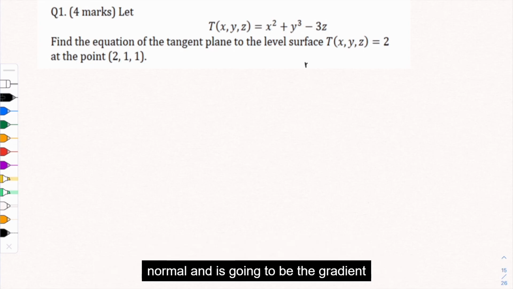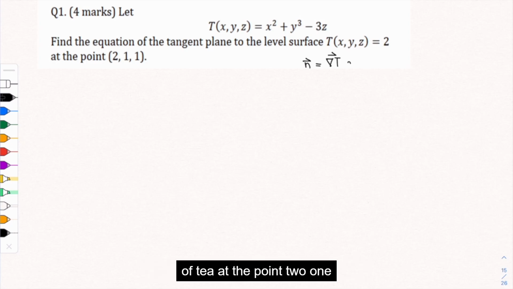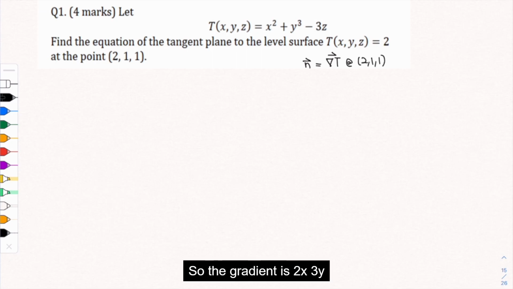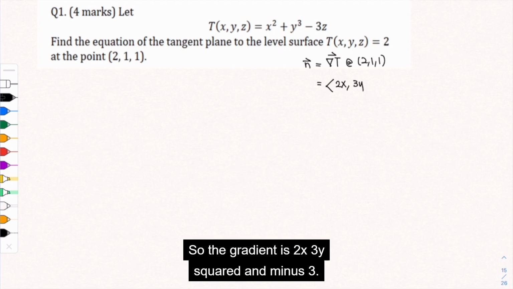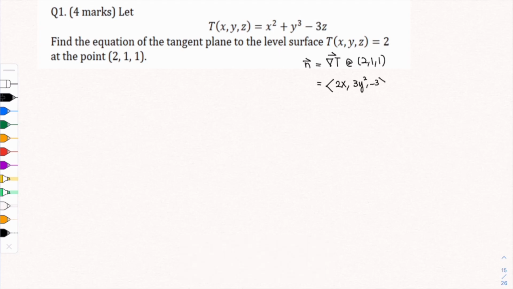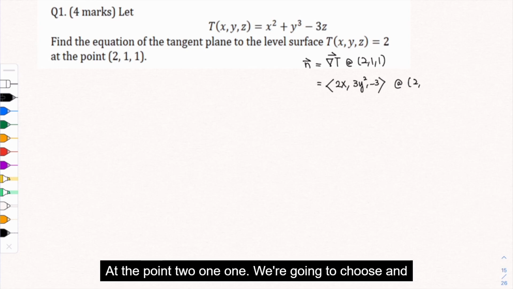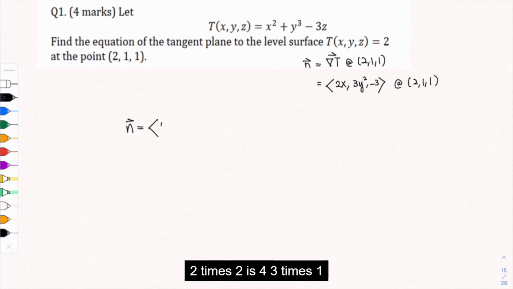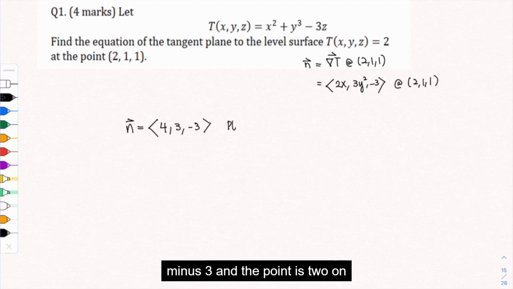So the normal n is going to be the gradient of T at the point (2, 1, 1). So the gradient is (2x, 3y squared, minus 3). At the point (2, 1, 1), we're going to choose n to be (2 times 2 is 4, 3 times 1 is 3, minus 3), and the point is (2, 1, 1).